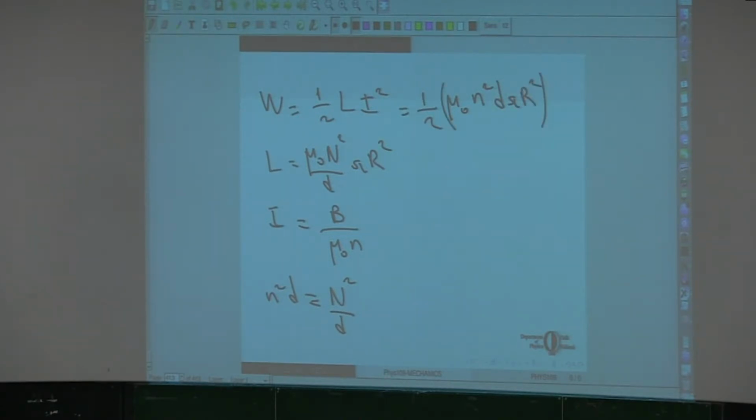This is my L. I squared is B squared over mu0 squared times n squared. I just substituted everything back. I know what L is, that is this expression. I know what I is in terms of the magnetic field. So I just put the square of this one over here.